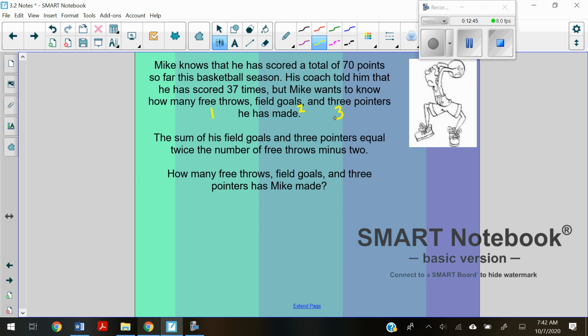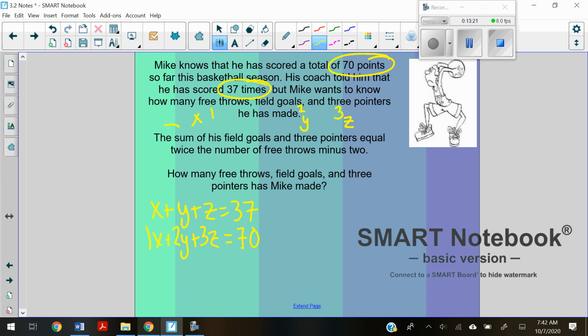Okay, so here is what's going to happen. His coach has said he scored 37 times. So let's go ahead and call free throws X, field goals Y, and three-pointers Z. So a total of 37 times. So X plus Y plus Z equals 37 times he scored. Okay, he knows he scored a total of 70 points. So that's 1X plus 2Y plus 3Z, those are how many points each of those are worth, is equal to 70.